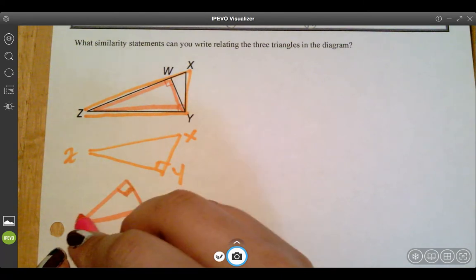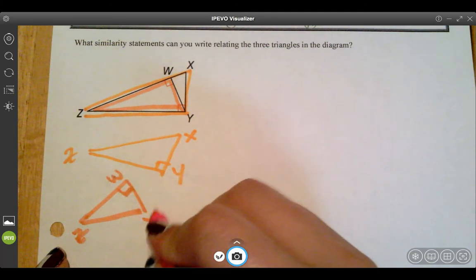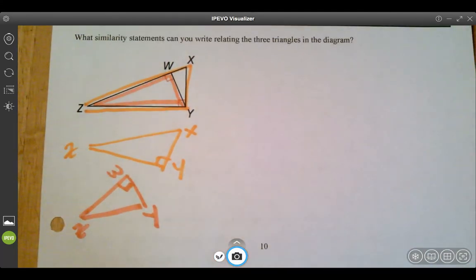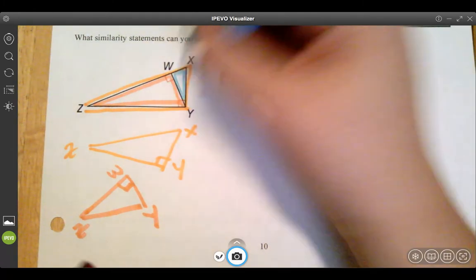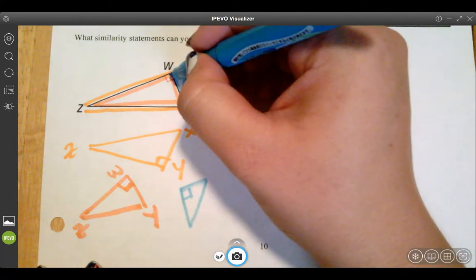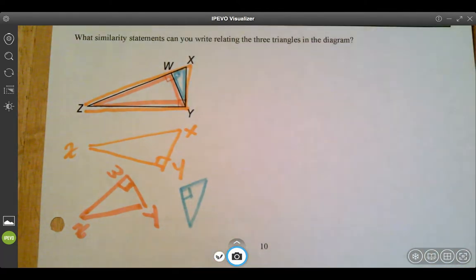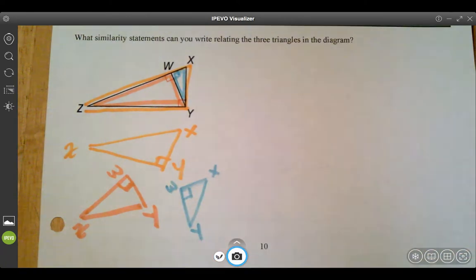So my right angle is in the same place. Z, W, Y. And the small triangle here with the right angle supplementary to my other right angle to get W, X, Y.